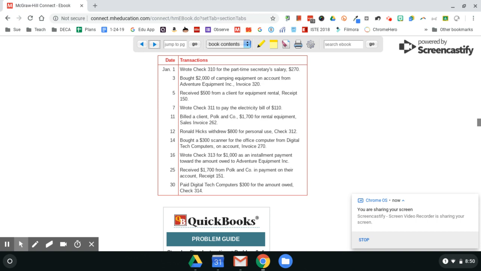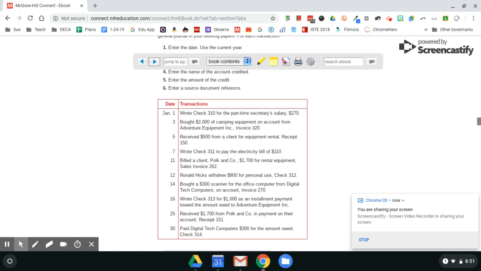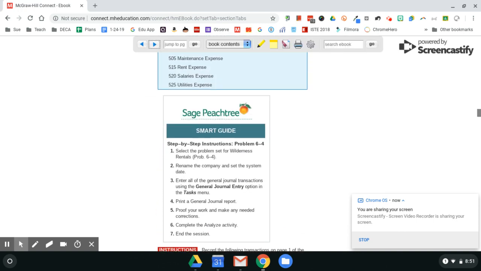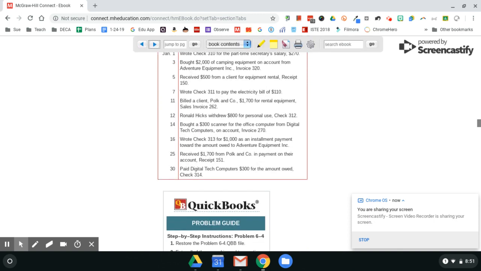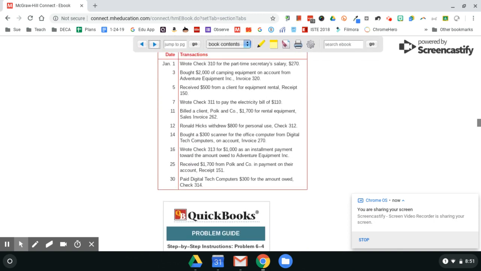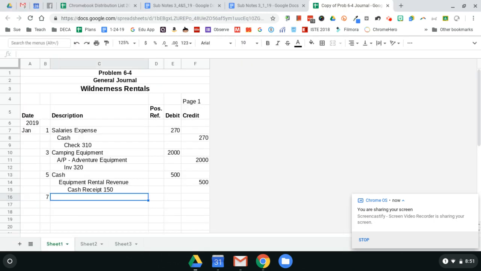On the 7th, we wrote check 311 to pay the electricity bill of $110. So I'm going to guess that that is a utilities expense. And then we wrote the check. Okay. So on the 7th, the debit is going to be utilities expense. Remember, expenses are always a debit, never anything else.